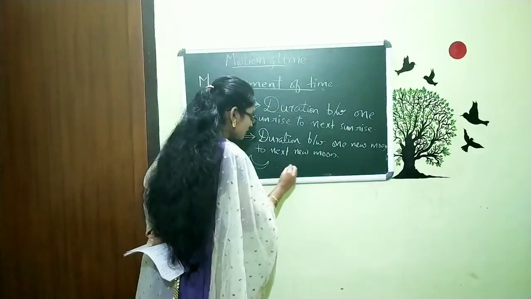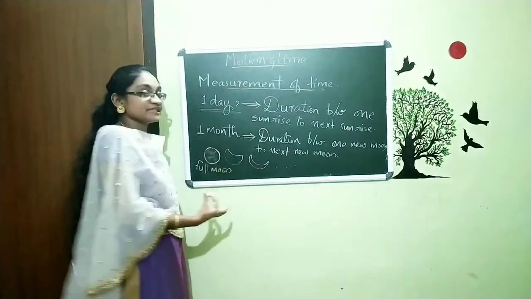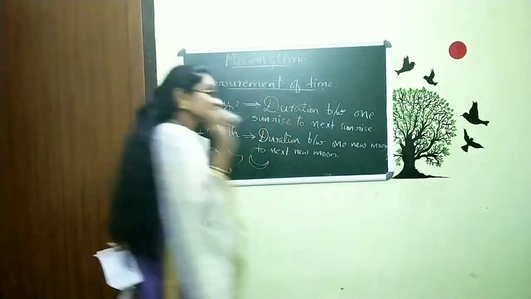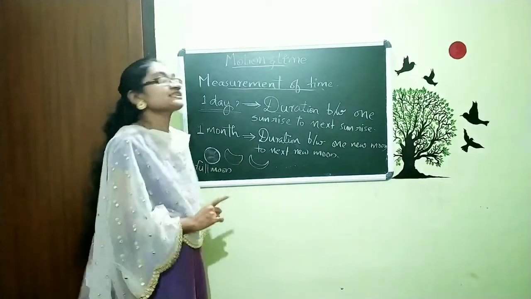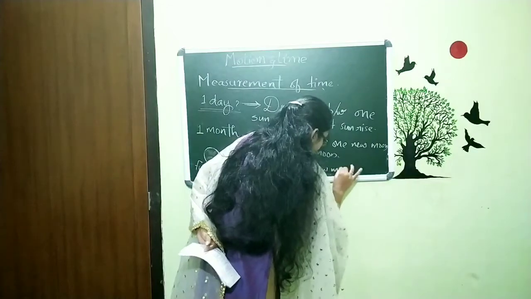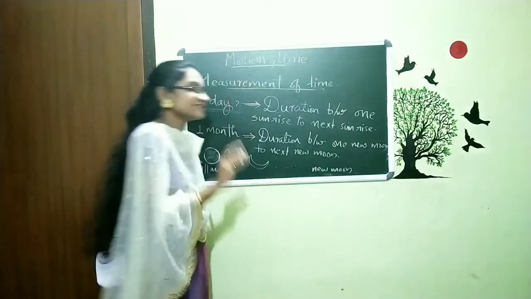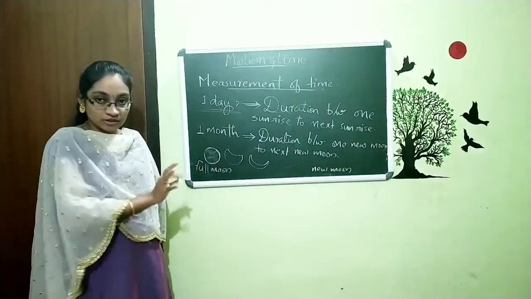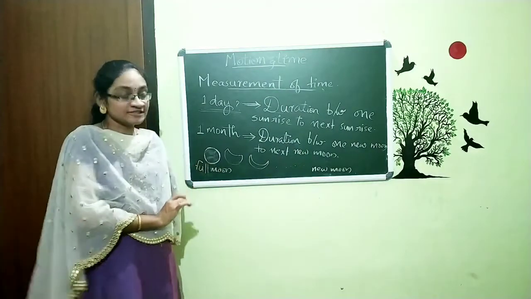Likewise, continuously when we are observing day by day, on a particular day we can see that there is no moon. That is new moon. New moon means there is no moon. And full moon means the full disk of the moon is visible.